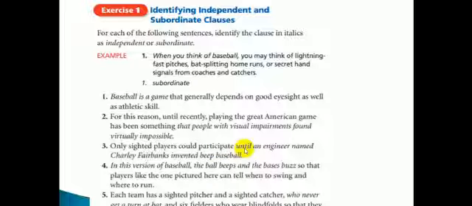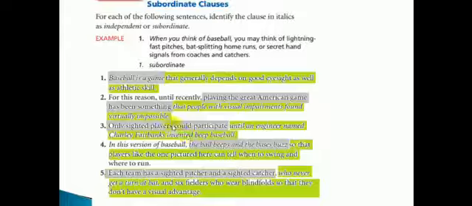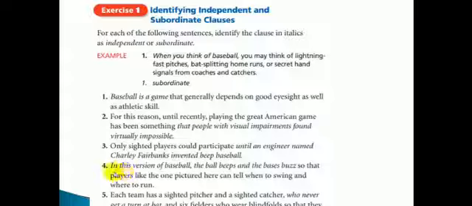Is until a relative pronoun? No, it is a subordinating conjunction. That's why until an engineer named, till the end of the clause, is a dependent clause, as we see here.